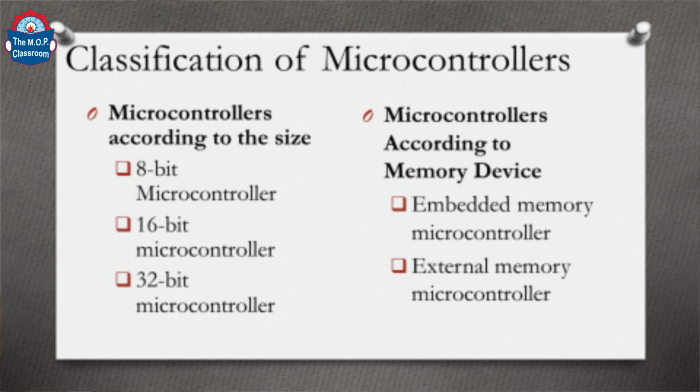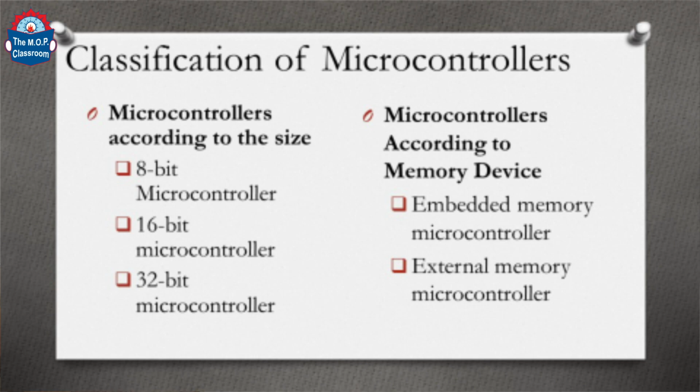The enhanced version is the 16-bit microcontroller, which can process 16 bits at a time. The 32-bit microcontrollers use 32-bit instructions to perform arithmetic and logic operations. They are mainly used in automatically controlled devices including implantable medical devices, engine control systems, office machines and appliances and other embedded systems.